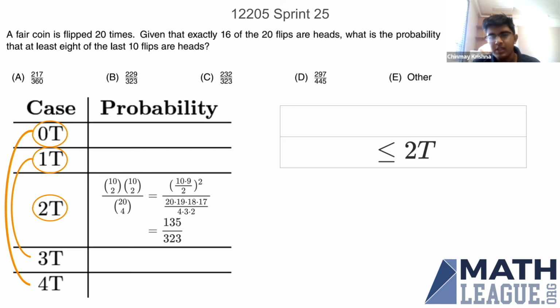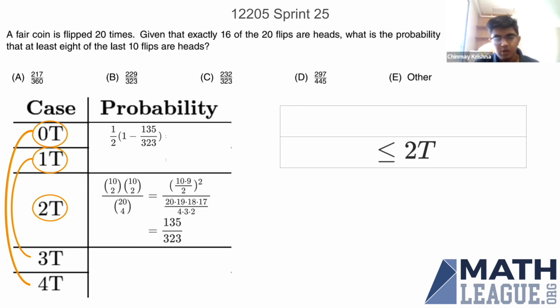So that's the probability that there's exactly 2, and then the remaining probabilities would be evenly split between 0 and 1, and 3 and 4. So we know that this is the probability of getting exactly 8, and so the remaining probability is 1 minus this, which is equal to 188 out of 323.